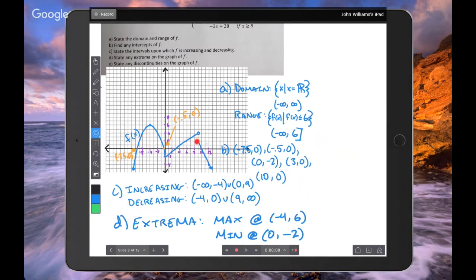So this point is, by the way, it seems like it ought to be a maximum point because this is high and that's high. But we've got two issues here. One is that here we're increasing all the way up to that point, but not including it. So that can't be a maximum point because we never actually reached that point. And then here, this can't be a maximum point because the value of the function right next to it is higher than it, because as soon as I go to the left, I get higher.